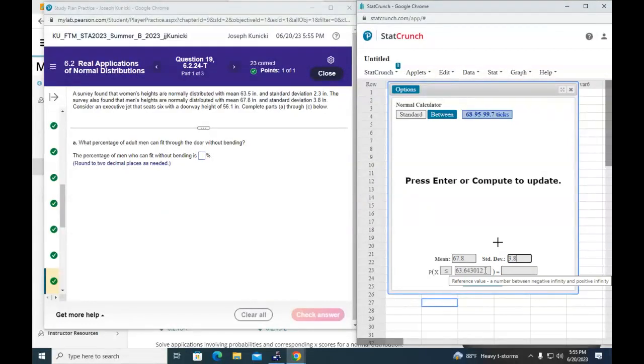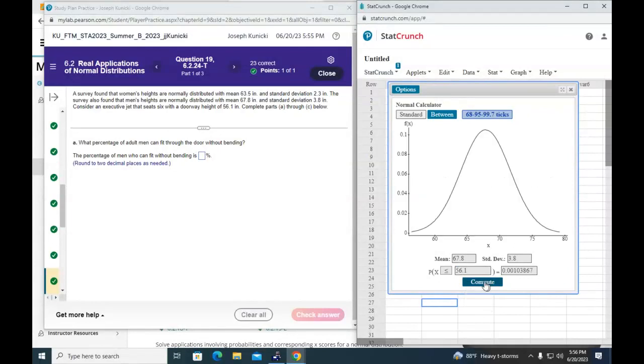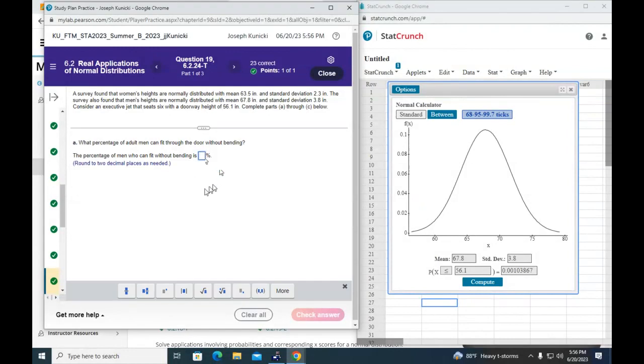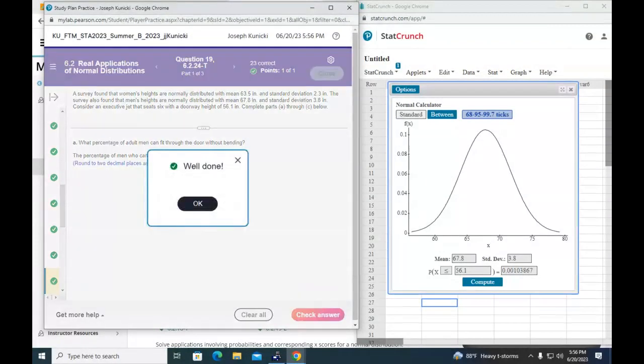And then we want, what's the probability that there'll be less than 56.1? It's going to be almost none. Yeah, 0.1%. Right? 1/10 of 1%.